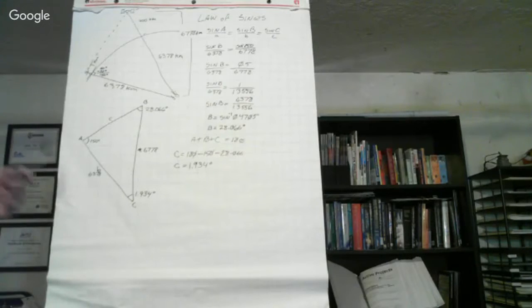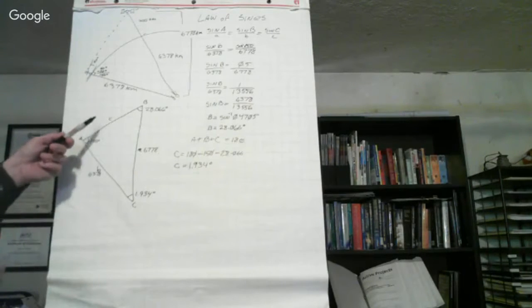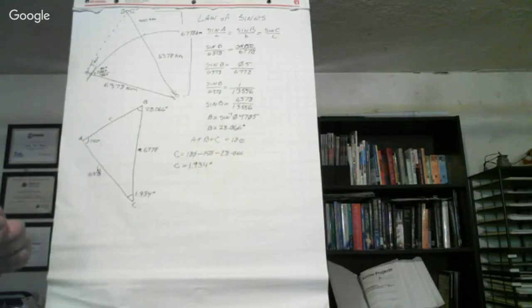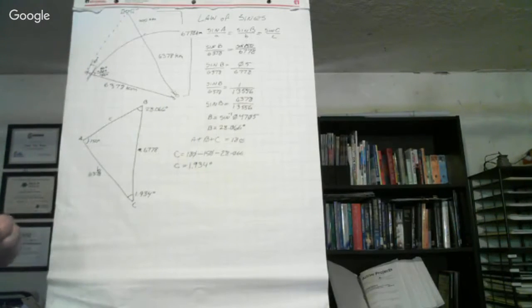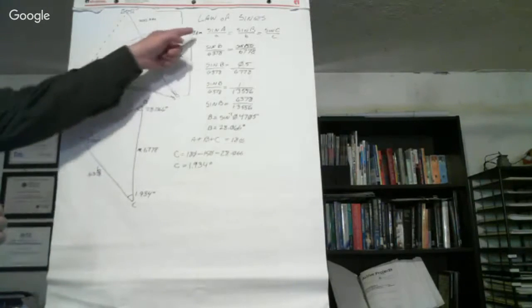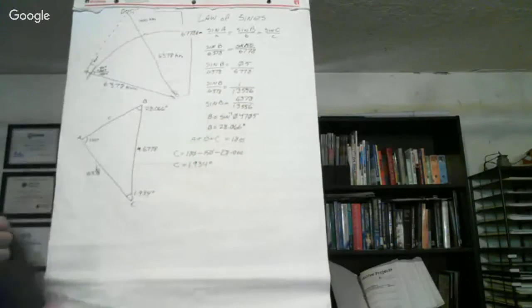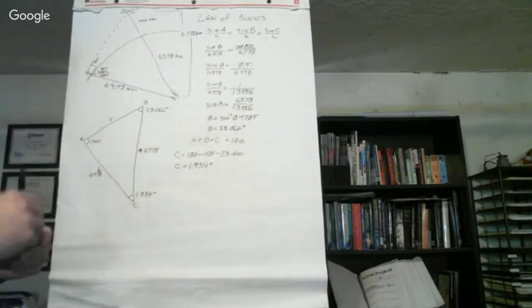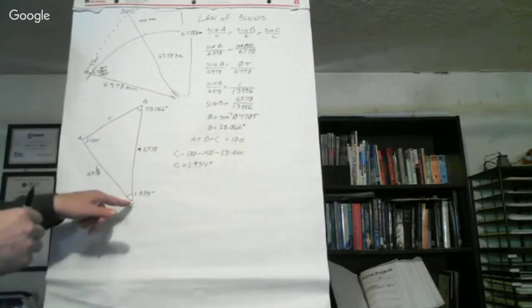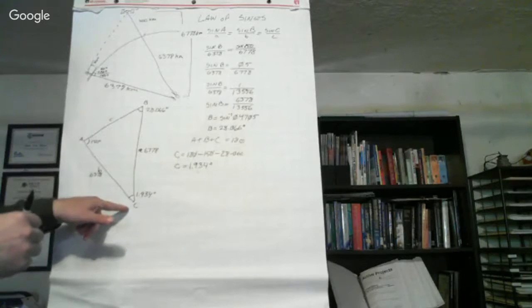The next step, though, is we still have not identified C as a segment. In other words, we have not figured out the range to our target. And that's what comes next. We're going to refer back to our old friend law of sides. And here's the question, what do we know? We know that C, we know the angle.